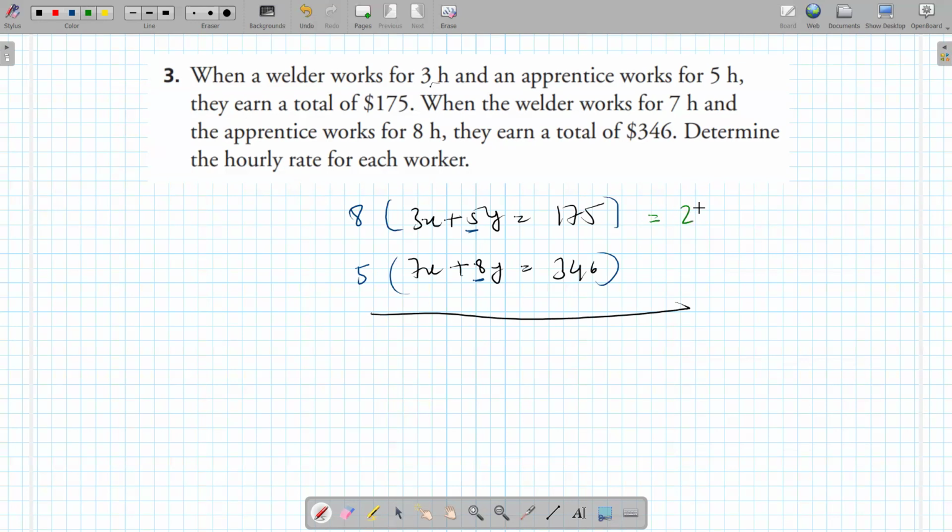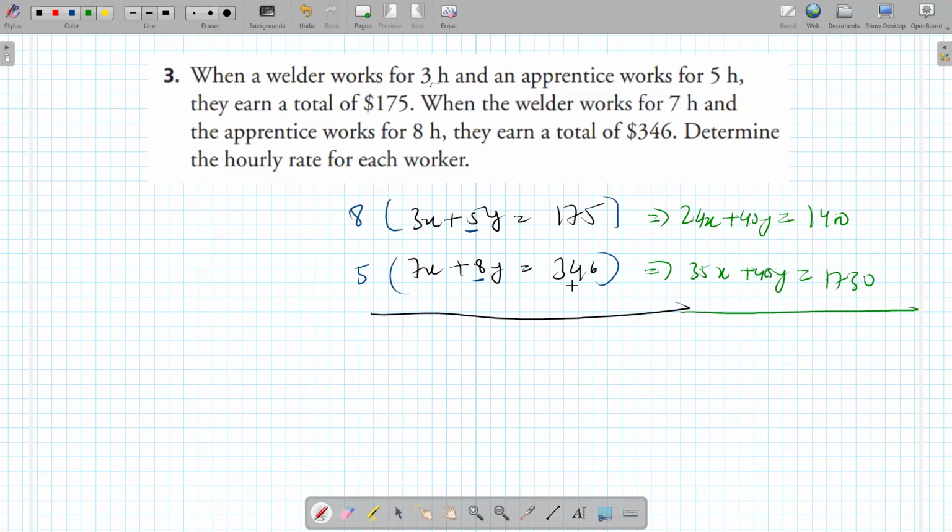So this becomes 24x plus 40y equals 175 times 8, 1400. And this becomes 35x plus 40y equals 346 times 5, 1730.